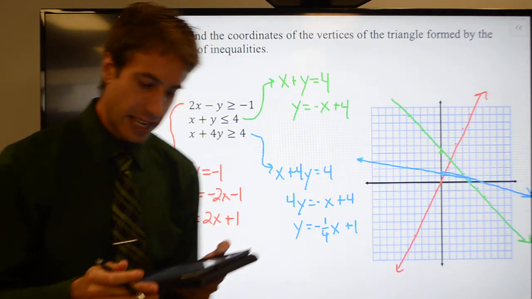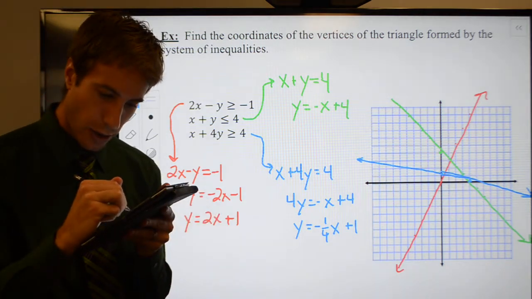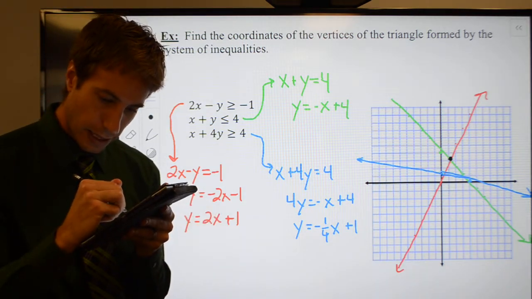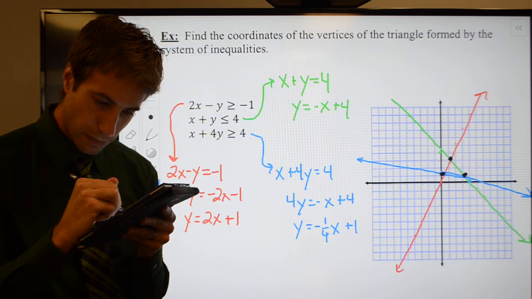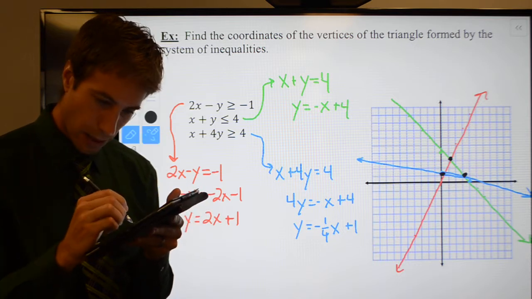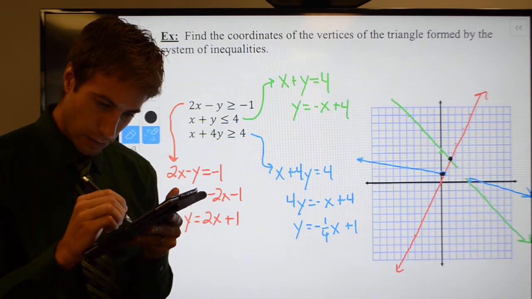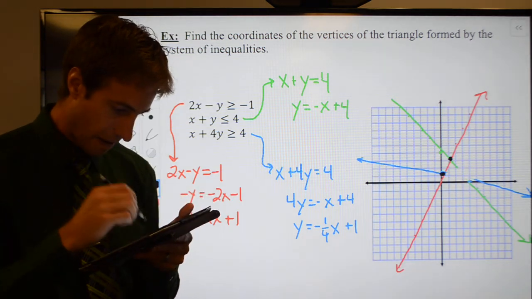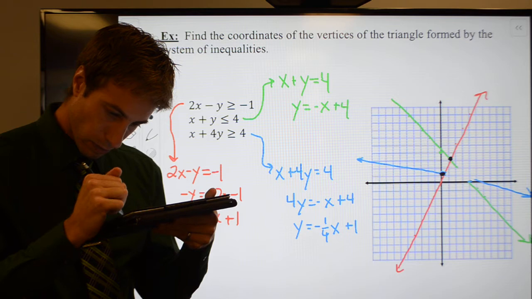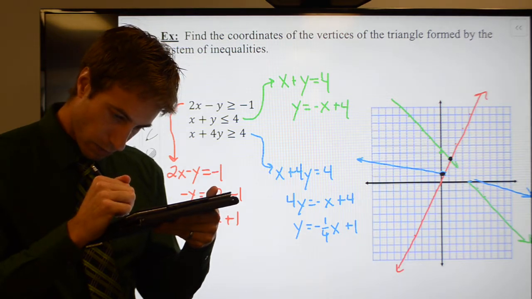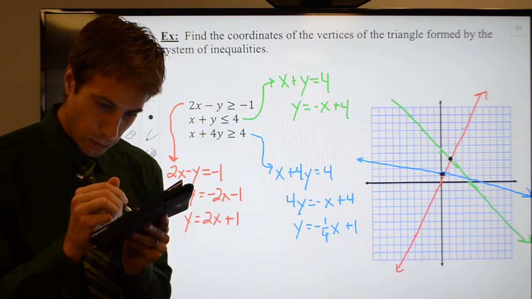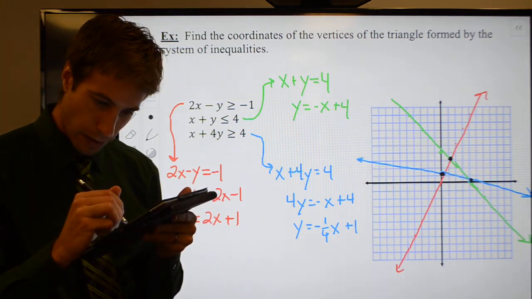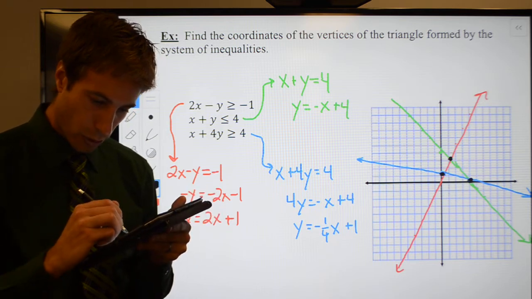And what we find is that my 3 points of intersection are right here, and right there. Sorry, nope, I missed it. Right there. Okay, cool. So there's my points of intersection.